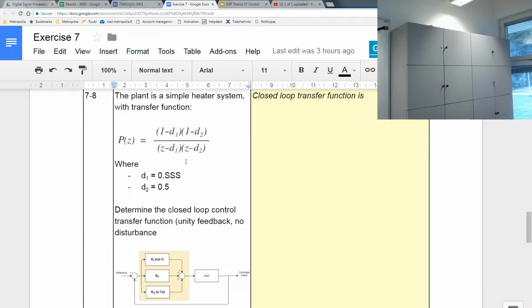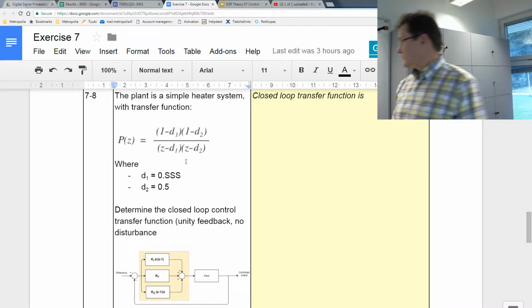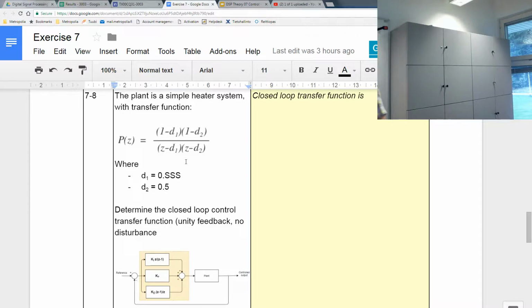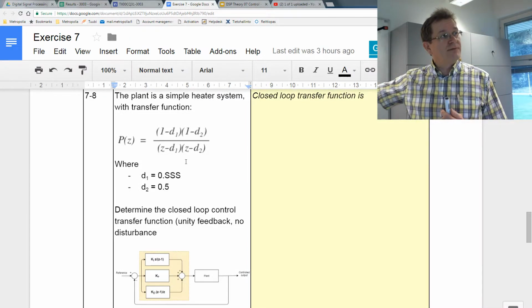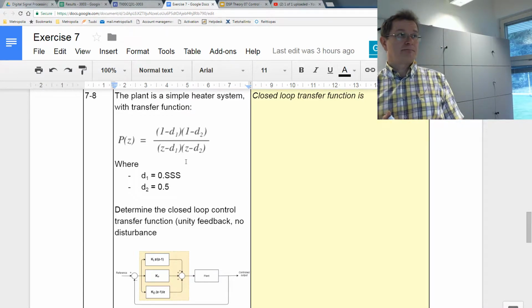On the discrete time representation, the poles would be somewhere in here, just giving the kind of damping factors for the system. So the slowness of the system is defined by the pole locations.